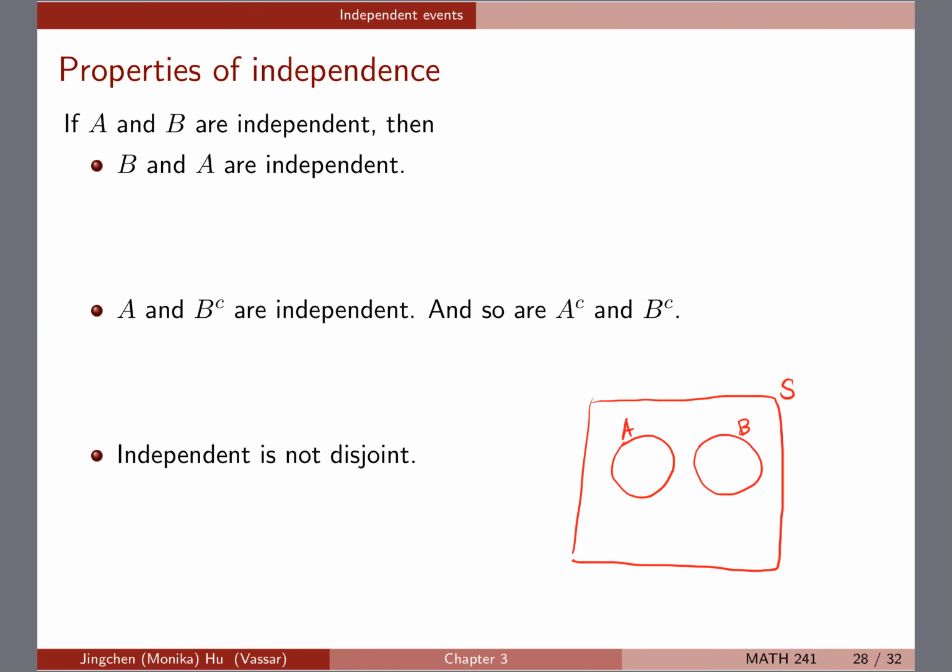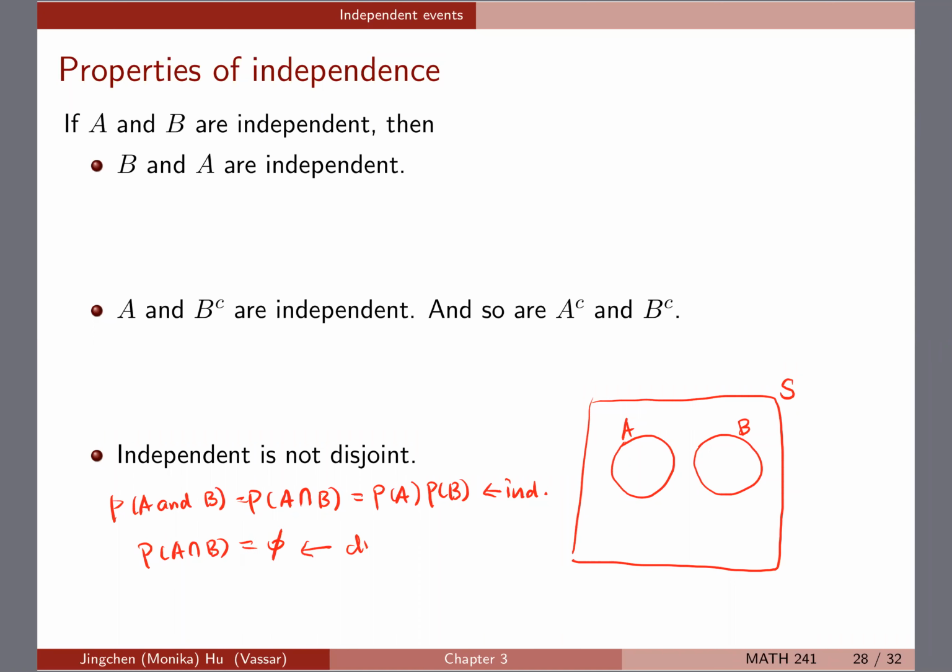However, disjoint events are not the same as independent events, because independent events means A intersection B is the product of P(A) multiplied with P(B). Okay, so that's independence. Whereas disjoint is A intersection B is the empty set.